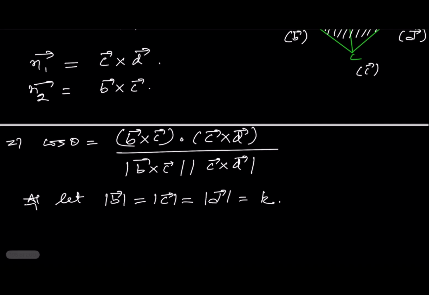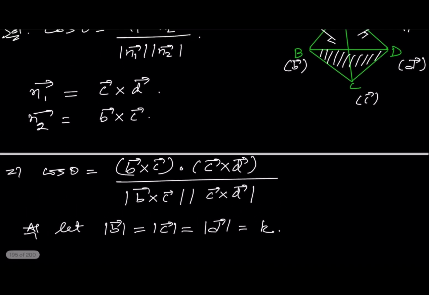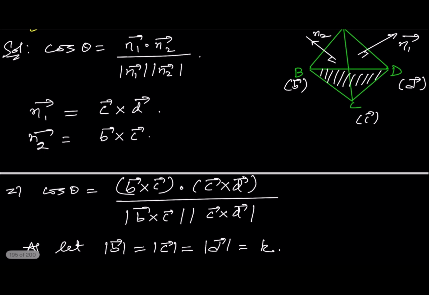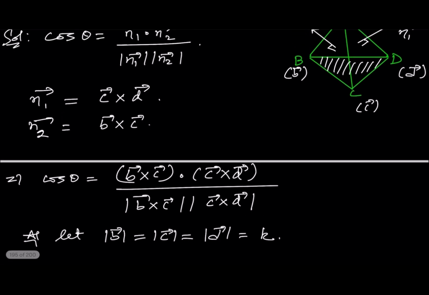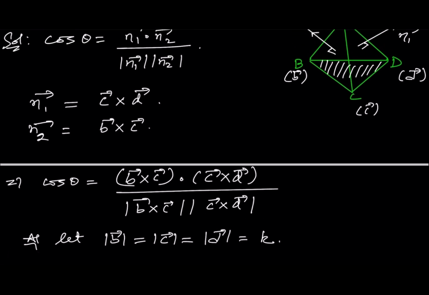So the tetrahedron is regular, and we have already defined that the face is an equilateral triangle, so the angle will be 60 degrees between any two edges.